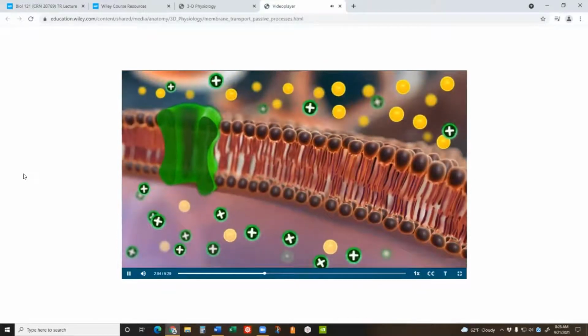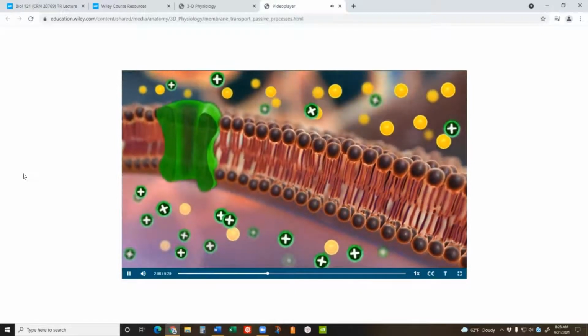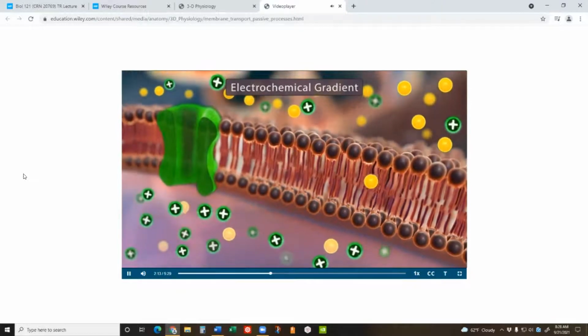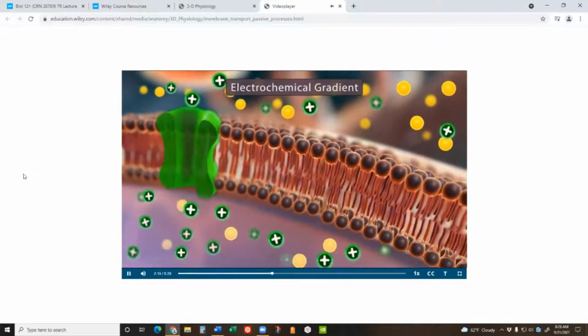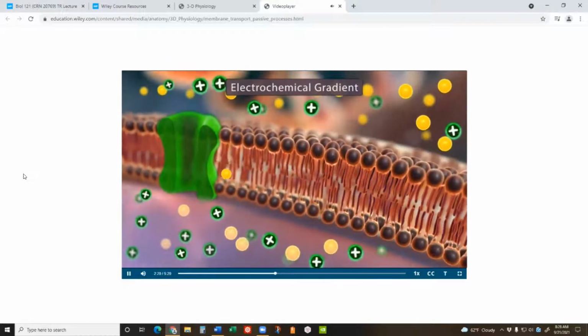The combined influence of differences in electrical charges and in chemical concentration is referred to as an electrochemical gradient. Passive processes occur when a substance travels down its electrochemical gradient, either unassisted or with help of a transport protein.